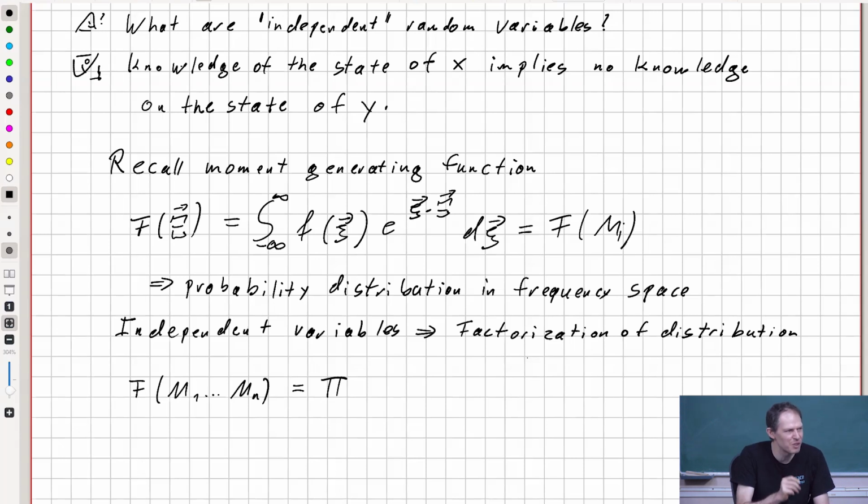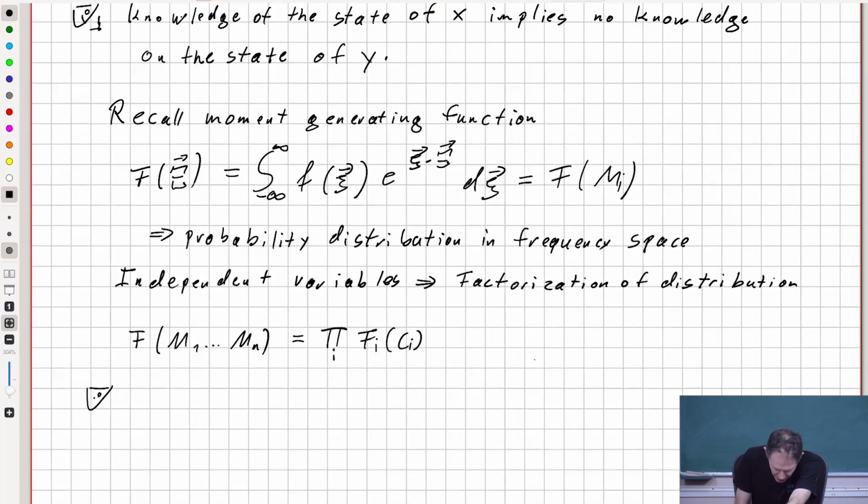This is important. We just assume there exist independent variables. And if there exist independent variables, then this distribution would factorize, so we can write this as a product of independent distributions fi, each of which is a distribution for only one of these variables, ci. So now we think we can write this as a product.